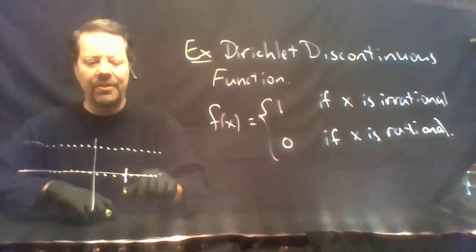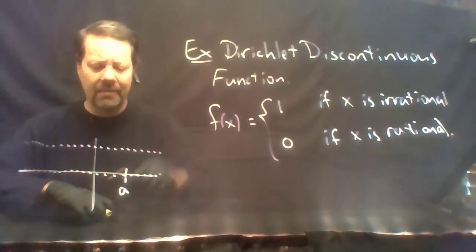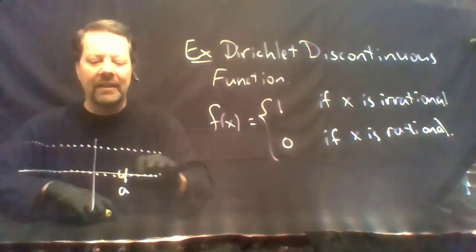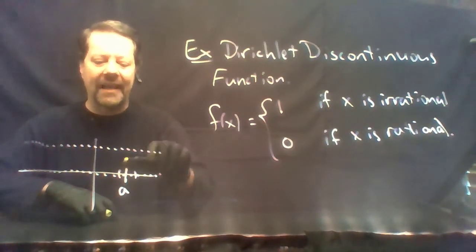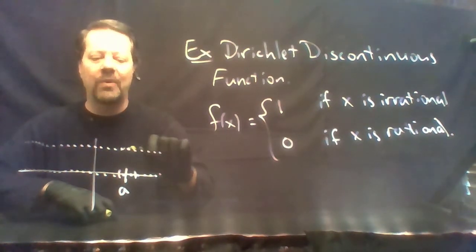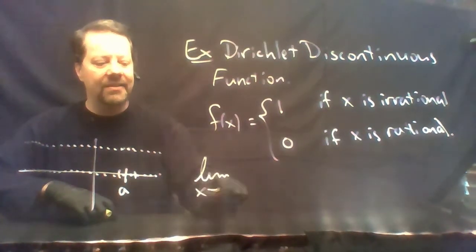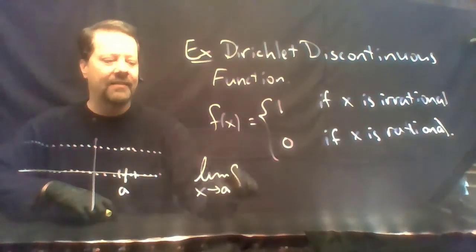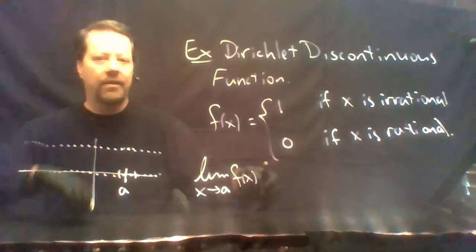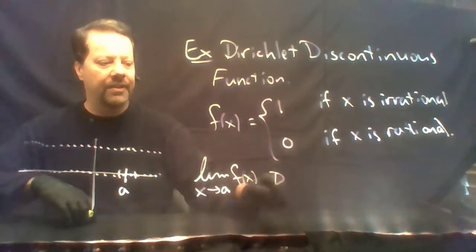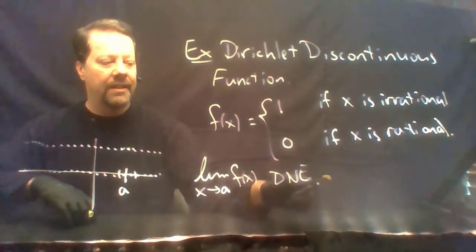If I choose any number a, whether rational or irrational, no matter what little neighborhood I choose around a, there are going to be points close to 0 and points close to 1, which means the limit as x goes to a, for any a, for the Dirichlet discontinuous function does not exist.